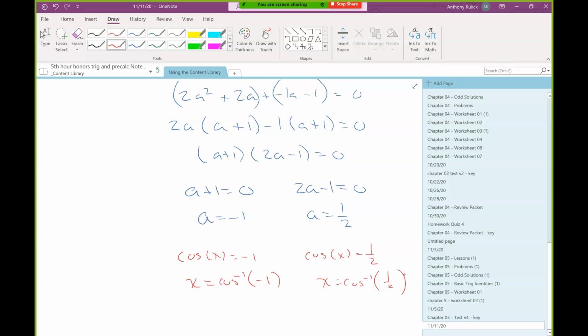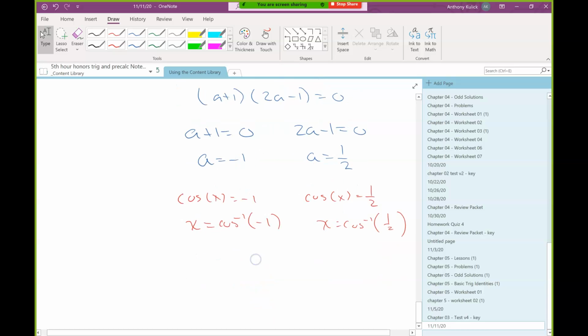So far, so good. And then I go to my unit circle. The only location where the x-coordinate is -1 is at pi. And then if I go and I look for the locations where the x-coordinate is 1/2, that's at pi over 3 and 5 pi over 3.